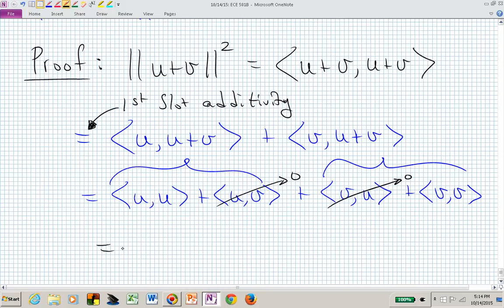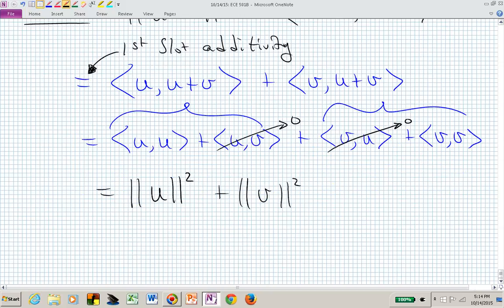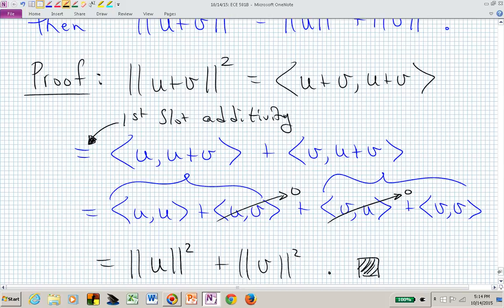And we're left with the inner product of u with itself, but that's just the norm squared. And we have v with itself inner product, and that's simply the norm of v squared. And so that's then the justification of the Pythagorean theorem when two vectors are orthogonal.